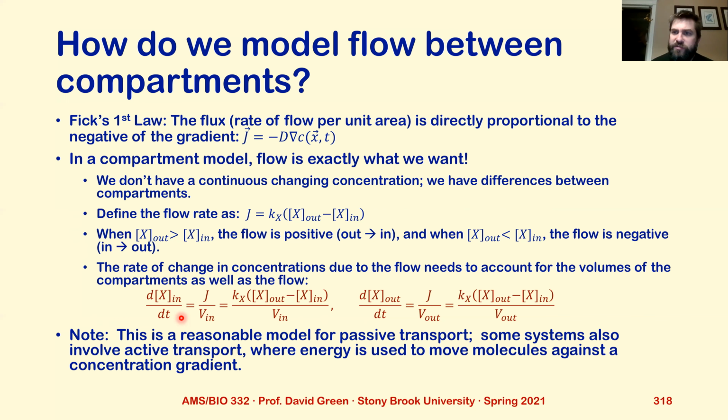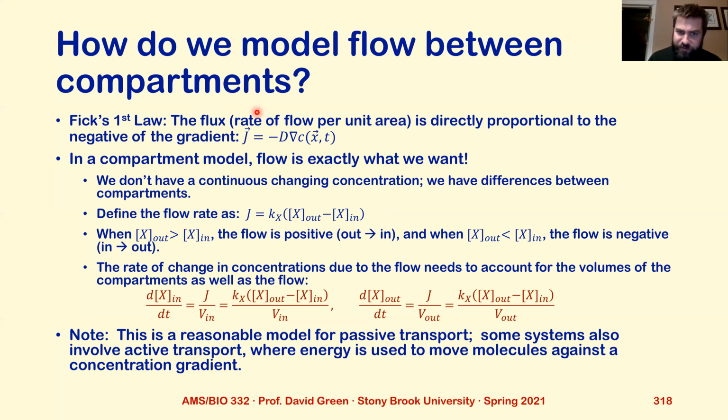And the motivation for how we're going to do this comes again from Fick's law, just as the flow term, the diffusion term in the reaction diffusion model did. But we're going to focus on the first law representation of that. Fick's first law says that the flux, or the rate of flow per unit area in a system, is directly proportional to the negative of the gradient.